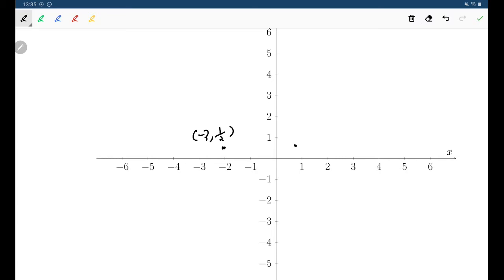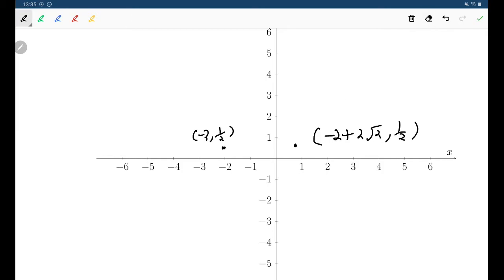But we're going just a little bit less than that, so we'll be a little bit less than 1, 1/2. And when I label that point, I'll label it as -2 plus 2 root of 2, comma a half. It's that value because we were at the center, which had x coordinate of -2, and then we went to the right by 2 root of 2.